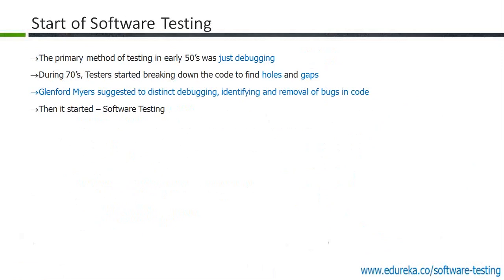But during the 70s, testers started breaking down the code to find holes and gaps. Even if you don't understand anything about this coding and debugging, I'll explain as we have a deep dive, so you will have more understanding.